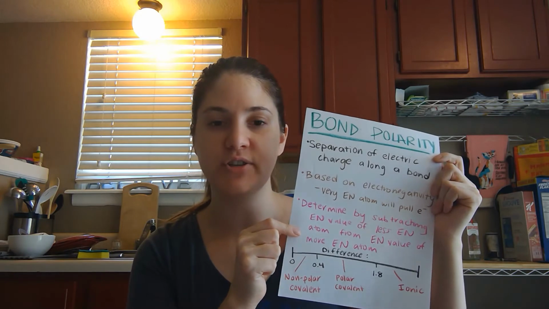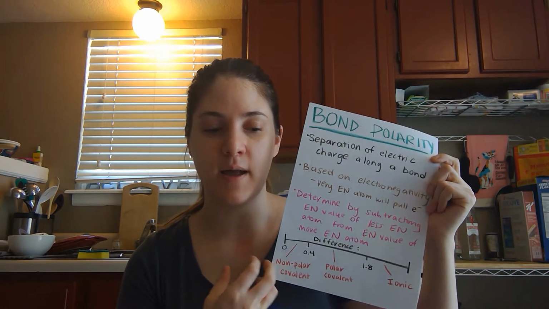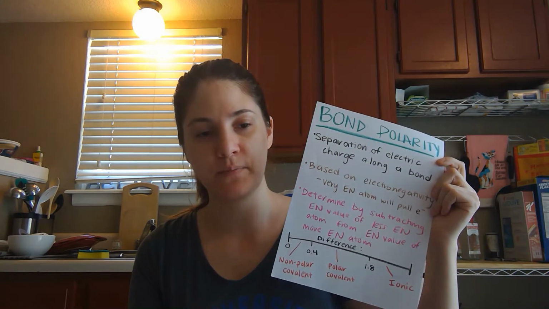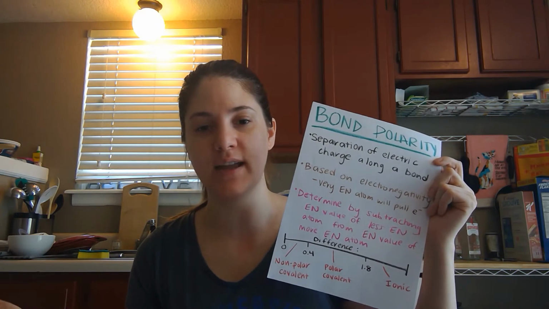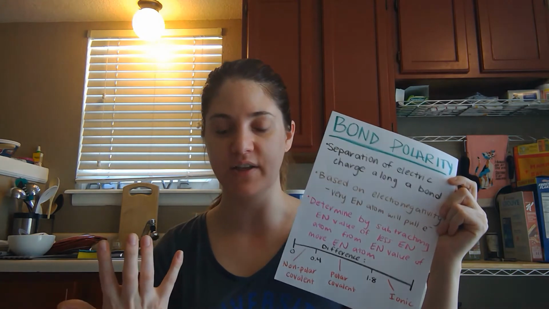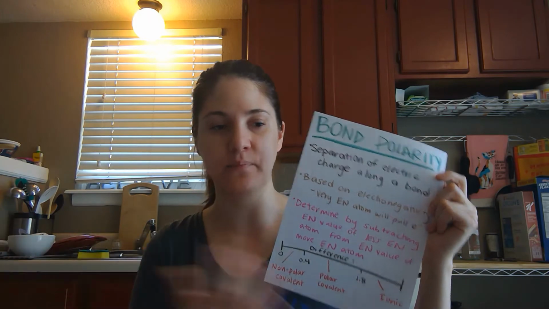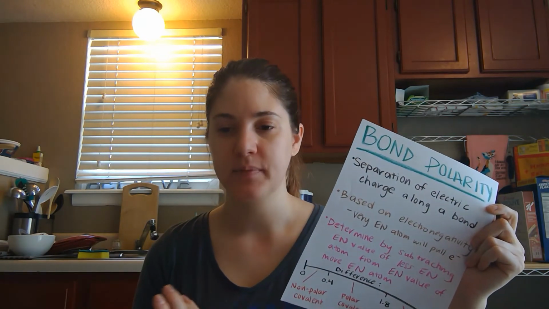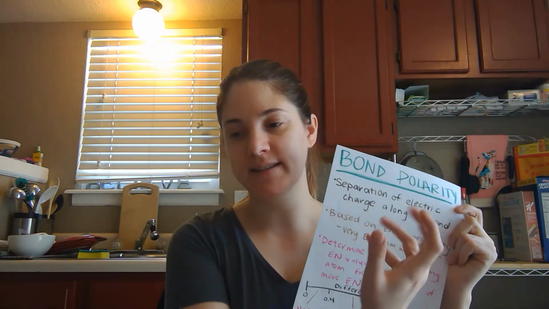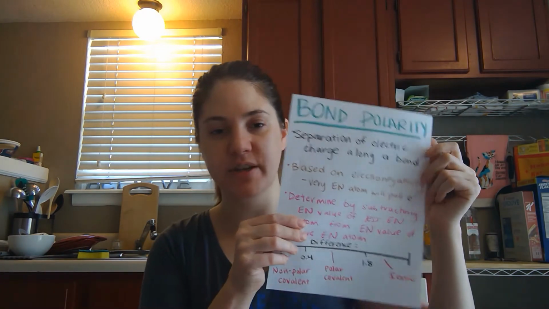What you'll do is take the electronegativity value of the less electronegative atom and subtract it from the electronegativity value of the more electronegative atom. For example, in a hydrogen-fluorine bond, you would take the electronegativity of hydrogen and subtract it from the electronegativity of fluorine, because fluorine is more electronegative than hydrogen.